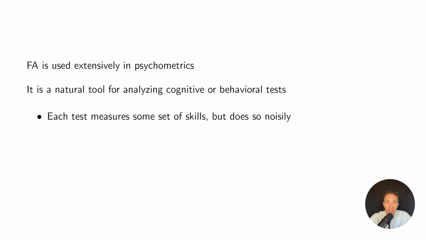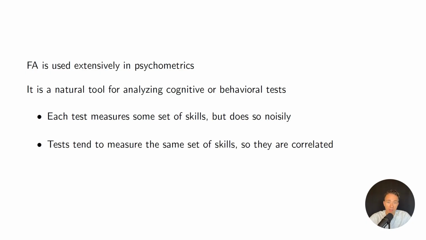The basic idea is that each test is going to measure some set of skills, but do so noisily. And because the tests are overlapping in their scope, they're going to be correlated with each other. And so we need to make sure that we handle this multicollinearity and this measurement error appropriately when introducing it into our analysis.